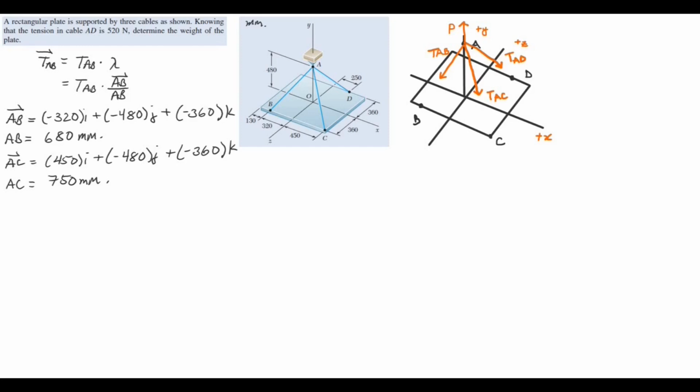Finally, vector AD is equal to plus 250i minus 480j plus 360k, and its magnitude is equal to 650 millimeters. So now, using this equation, I'm simply going to substitute in the values for the vectors and the magnitudes.